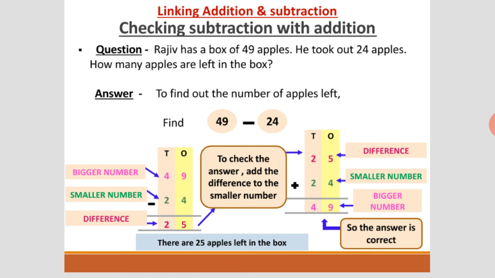So here, 25 is the difference, 24 is the smaller, and 49 is the bigger. Look at the sum, it is the same as the bigger of the two numbers we were given, so therefore the result of the subtraction is correct. Thus there are 25 apples left in the box.